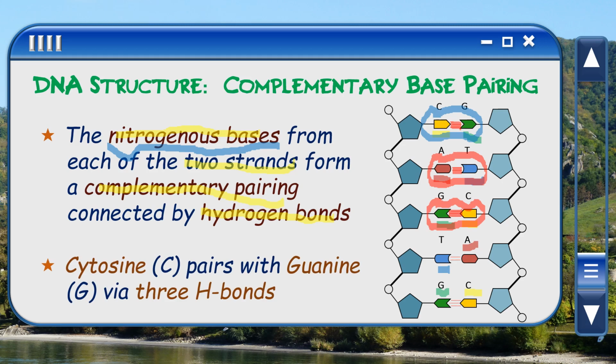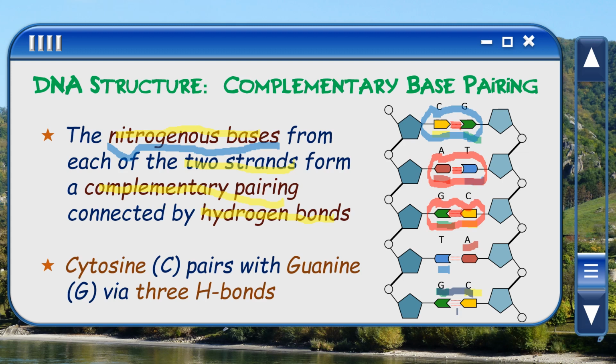Cytosine pairs with guanine. That one we have already seen. Cytosine is pairing with guanine via 3 hydrogen bonds. Now let us look at this one here. When you look at this one, you are going to see the hydrogen bonds there.